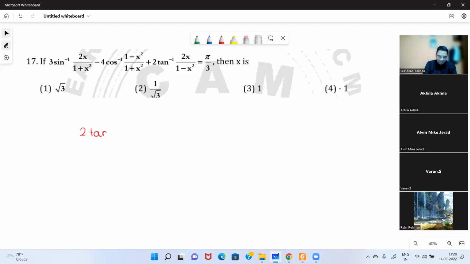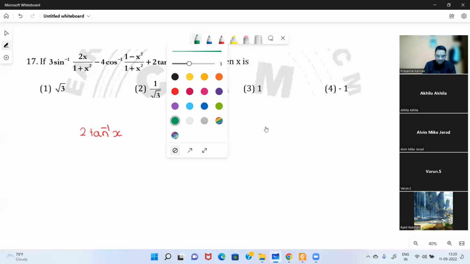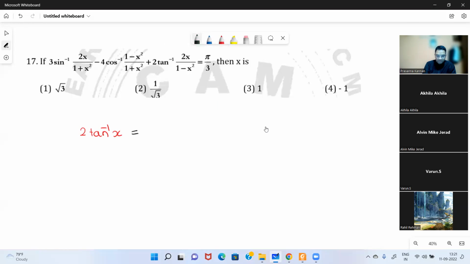Do you remember that? That's the formula for 2 tan inverse x. In fact, we proved this also. What is 2 tan inverse x equal to? 2 tan inverse x is equal to sin inverse of 2x divided by 1 plus x square. This is one formula.